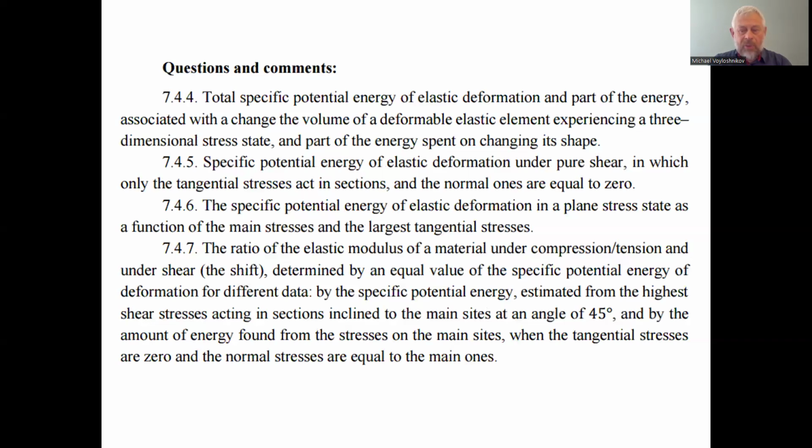And when we substitute that into the equation of the specific potential energy of deformation, we will find the part of the energy, having the formula of the general potential energy of deformation for any magnitudes of the main stresses acting in three directions on the sides, with no action of tangential stresses on the sides of the segment of the mechanical body.